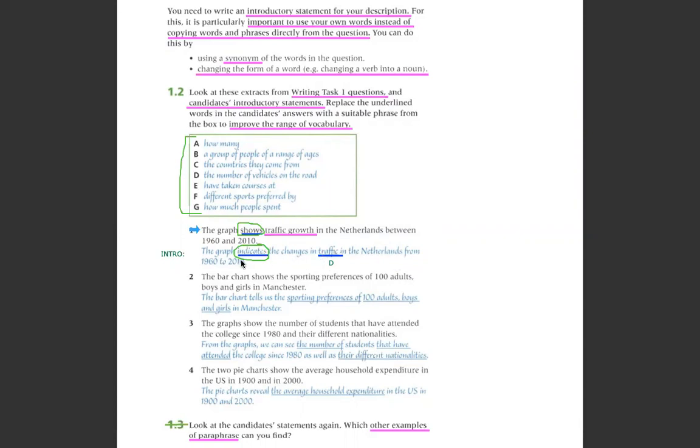Okay, so this is what an introduction sentence looks like. This is your question. You want to paraphrase as many words as possible. Let's have a look at the rest of the sentence, from 1960 to 2010. How could we paraphrase this? How could we write this in another way?